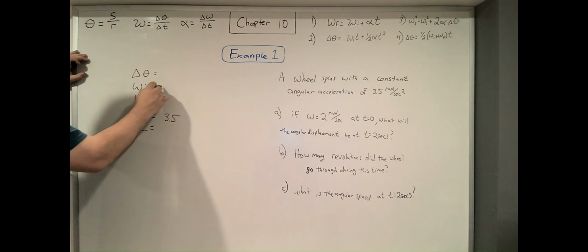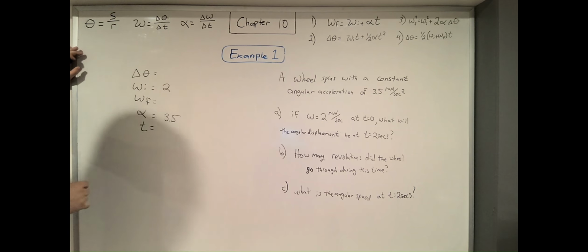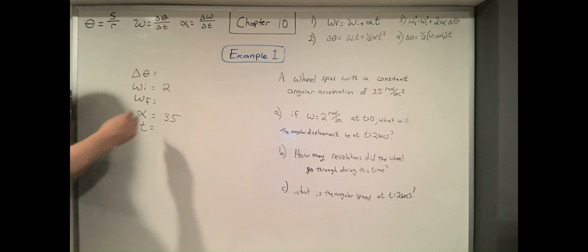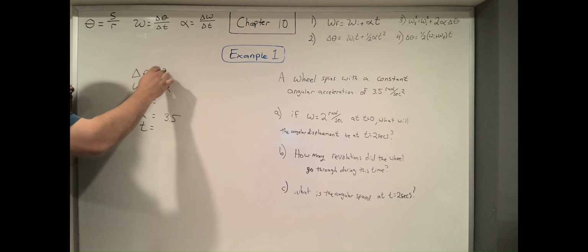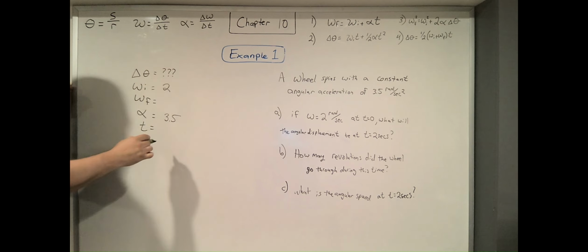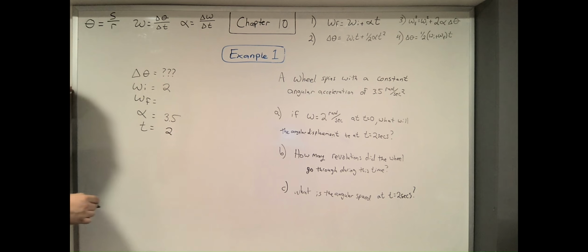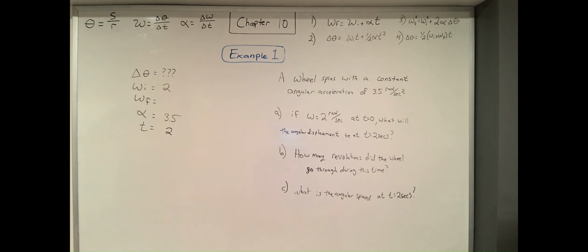So our initial speed is 2 radians per second. What will the angular displacement be when t is equal to 2 seconds? So I am looking for displacement. And how much time has passed? 2 seconds. All right, I'm given 3 out of the 5 things.